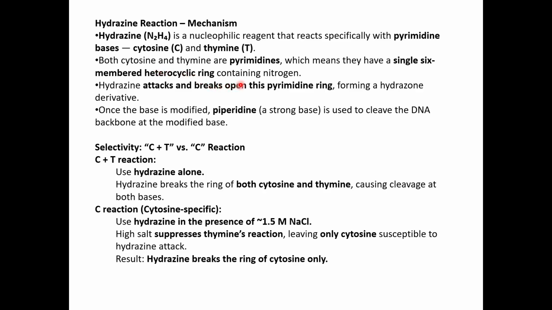In the previous session, we discussed the structures of purines and pyrimidines. Purines have two cyclic rings, and pyrimidine is a single six-membered heterocyclic ring. Hydrazine attacks and breaks open this pyrimidine ring, forming a hydrazone derivative. Once the base is modified, piperidine is used to cleave the DNA backbone at the modified base.